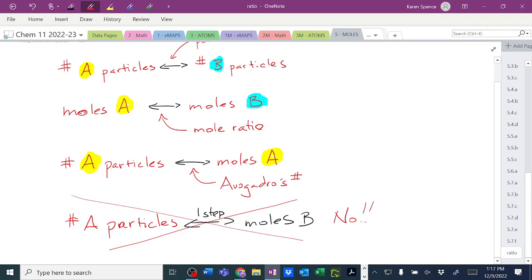You can go from number of B to moles of B. You go from number of A to moles of A, but you can't go from the number of A to the moles of B in one step. You have to take 2 steps. Okay? 2 steps to get from the number of A to the moles of B.